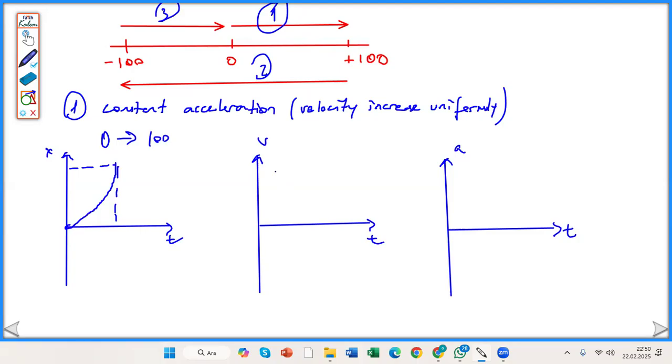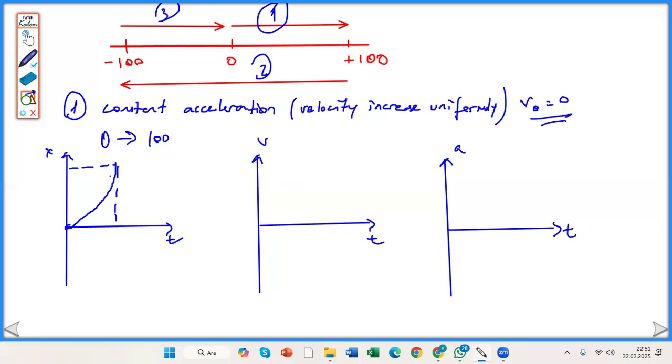As you know, assume that the initial velocity is zero for that motion. It is another important detail. You need to assume that the initial velocity is zero, and also the motion starts from point zero.